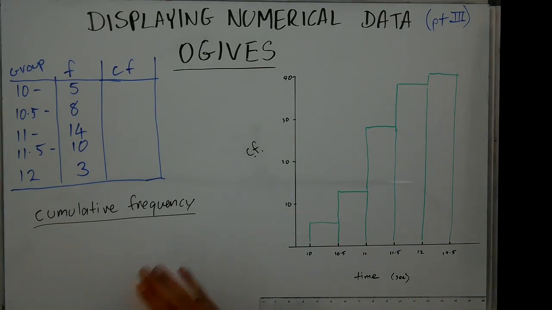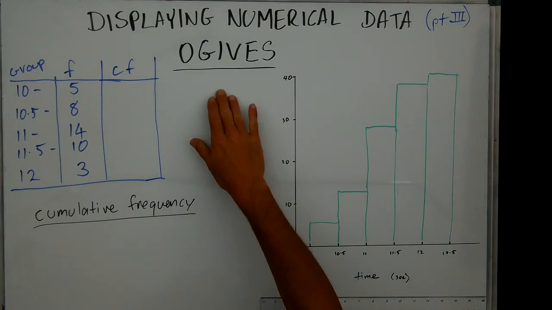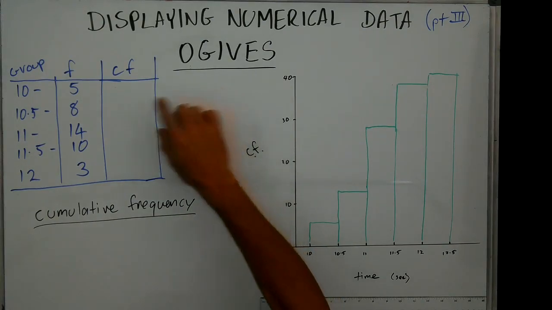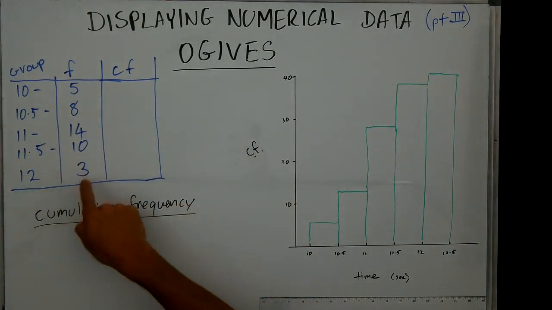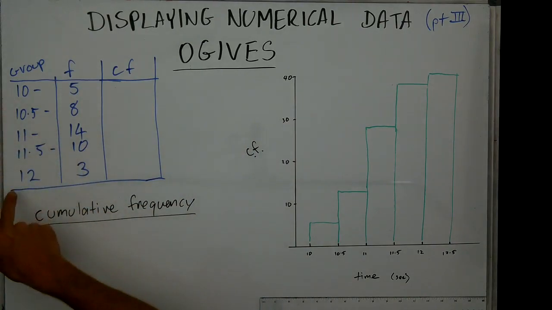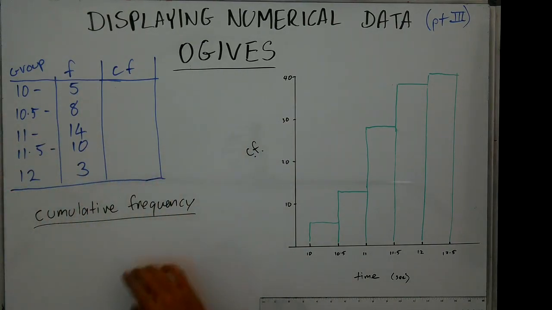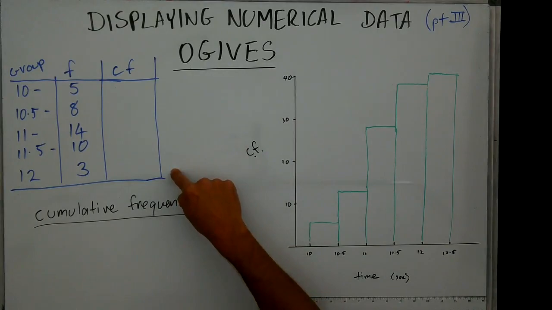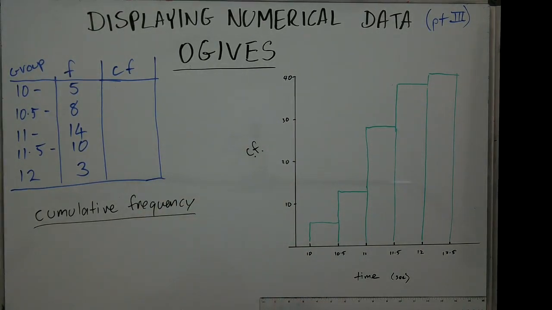So when we draw these, in our frequency table we've got the groups and how many things. And we've got this new thing that's called cumulative frequency. That's a new column on our frequency tables. Hopefully it won't take much for you to wrap your head around it.